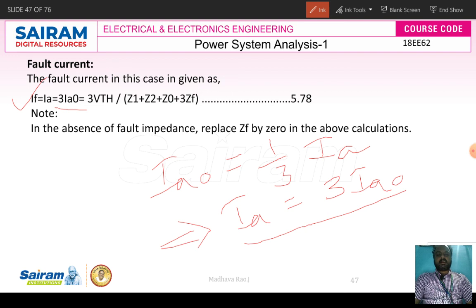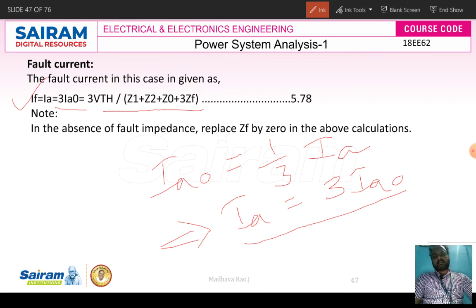So here IA naught is equal to V Thevenin divided by the total impedance of this circuit: Z1 plus Z2 plus Z0 plus 3 into ZF. So this is the total impedance. IA is equal to 3 into V Thevenin by total impedance.